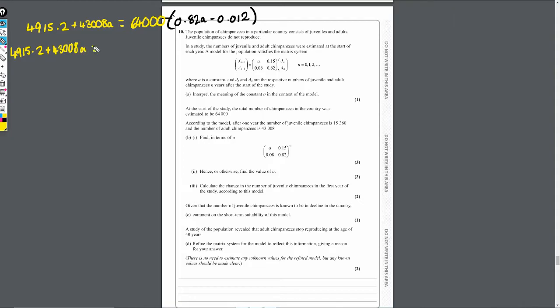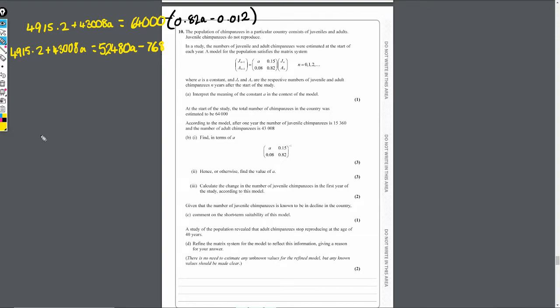Just rewriting that side again. This side now, if you expand this through, what you'll get is 52,488, and you'll also get minus 768. Okay. Now we've just got to solve this equation in terms of A. So really easy.